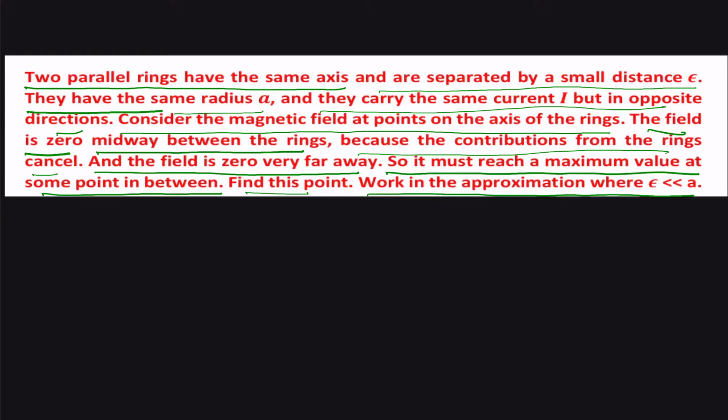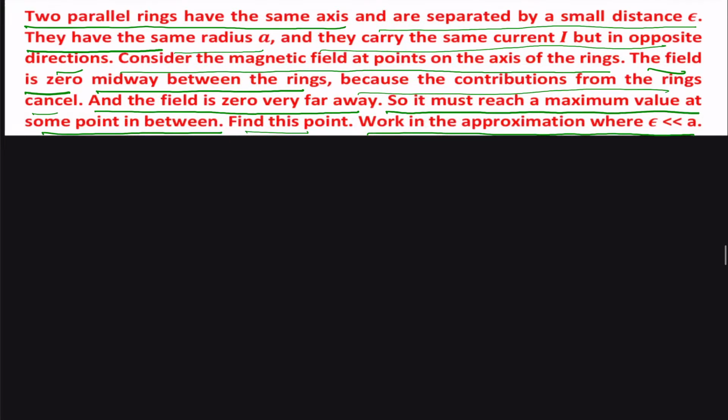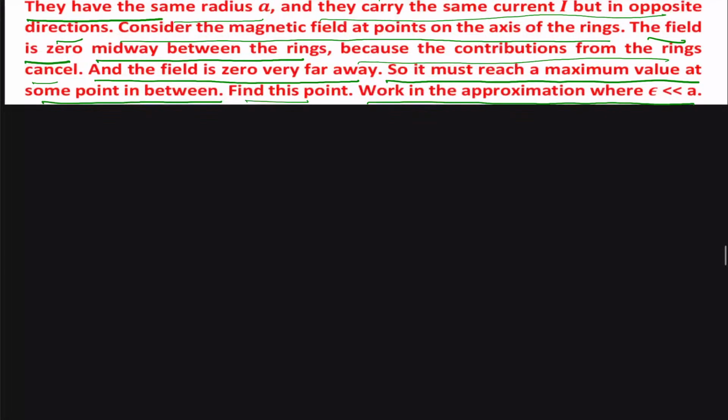Okay. So which basically means that we are having two rings, and suppose, let me draw this figure approximately. Okay, so this is the common axis, and we are having, suppose this is the first ring and this is our second ring, and they are carrying same current but in opposite direction.